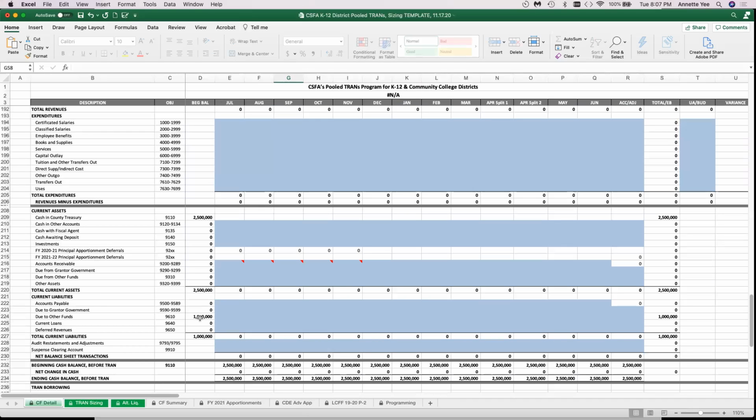No, it's only a cash flow timing issue. It's designed to help bridge a cash flow timing problem, but it cannot supplement revenues because it needs to be repaid within the period of time that the TRAN is outstanding. So these are all really important issues.